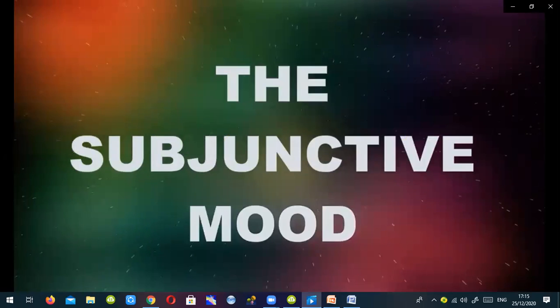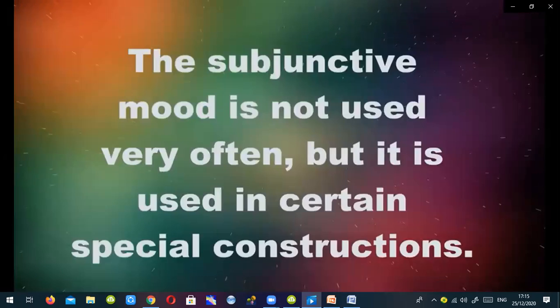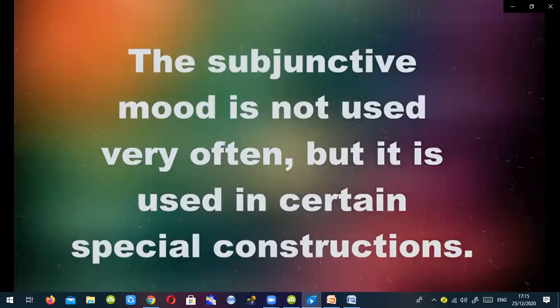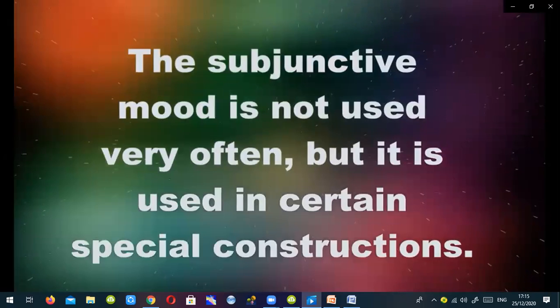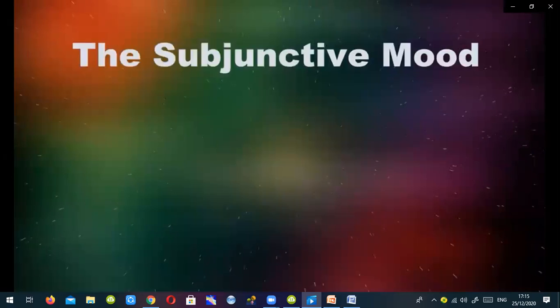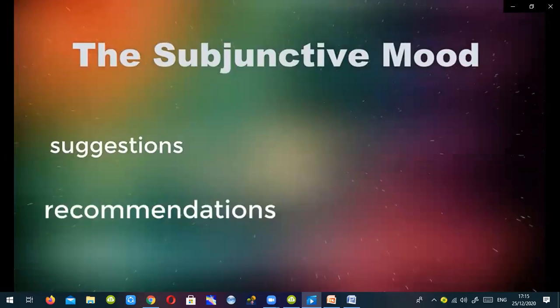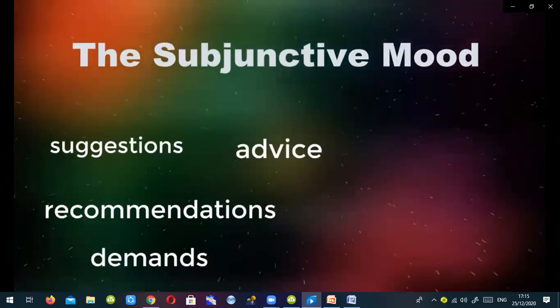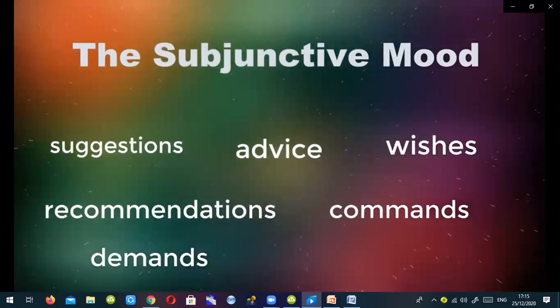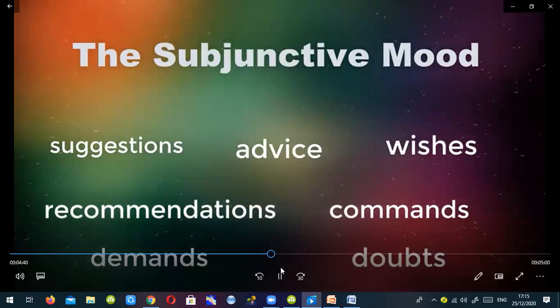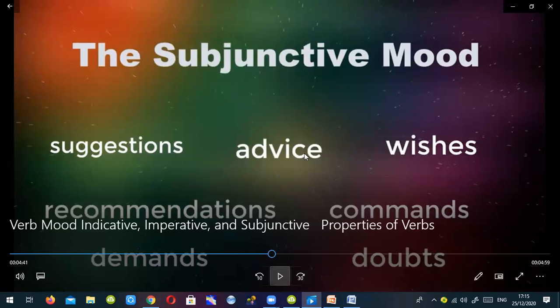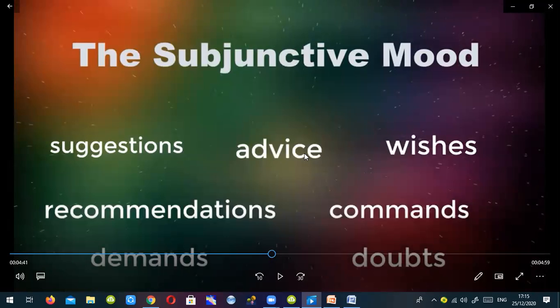Let's go on to the subjunctive mood. The subjunctive mood is not used very often, but it is used in certain special constructions. It is used to express suggestions, recommendations, advice, demands, commands, wishes, doubts, and the like. Okay, about the subjunctive mood, you can see suggestion, advice, wishes, recommendation, commands, demands, and doubts, right?